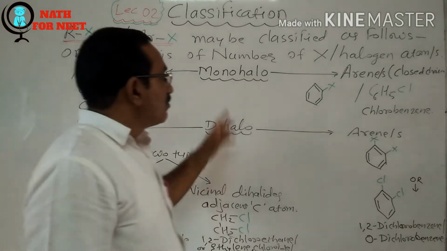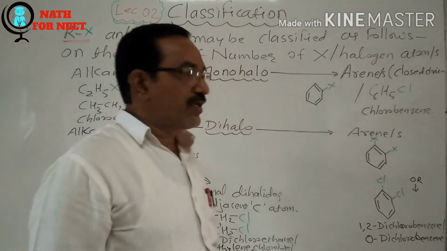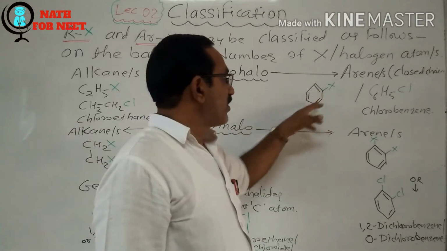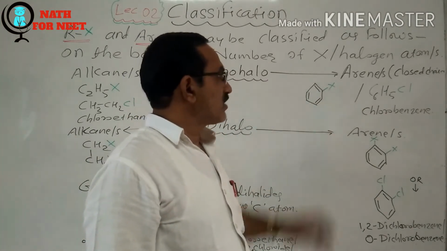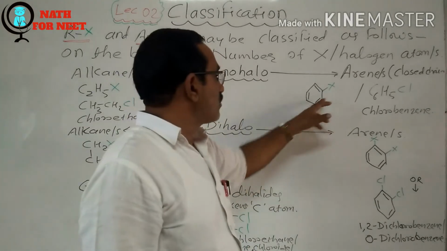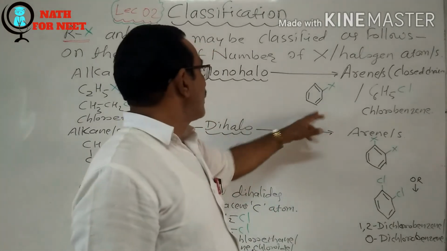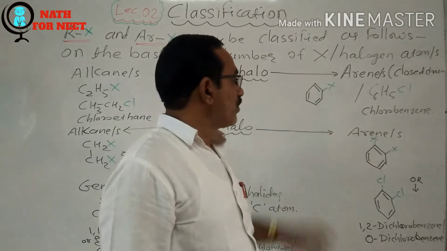Then here, monohaloarenes. Here this is the aromatic ring, and this aromatic ring exhibits the presence of a single halogen atom. Hence this is the case of a monohaloarene.